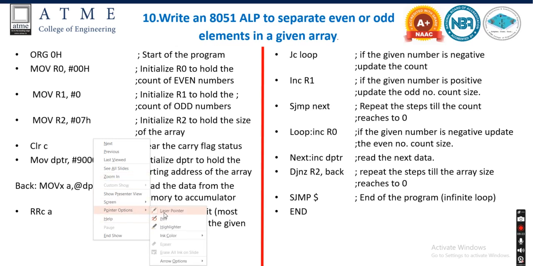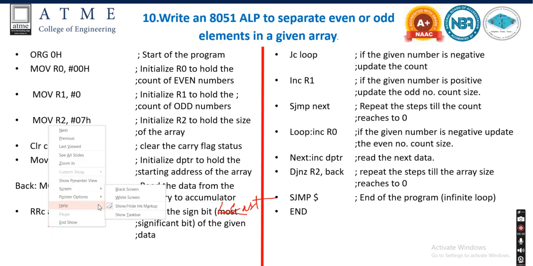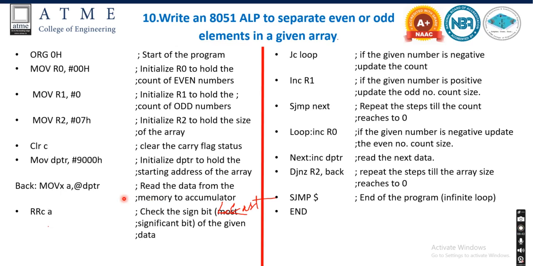By using the instruction RRC, the accumulator content will be rotated right through carry.